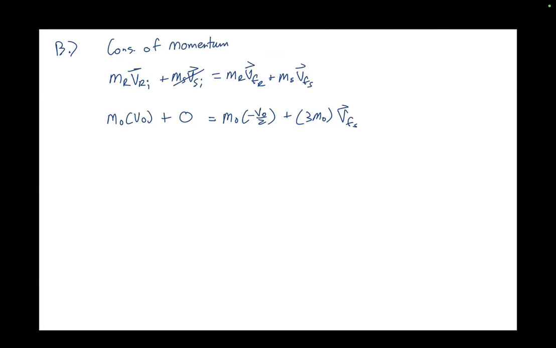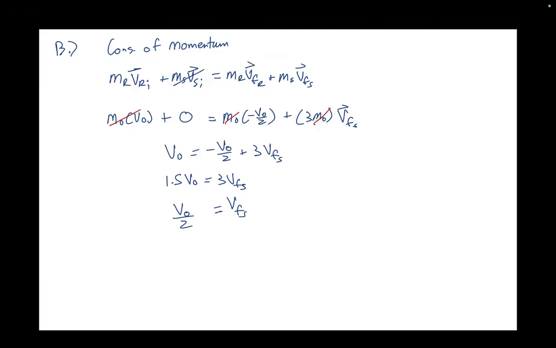So we can cancel out our m naughts. And that gets us v naught is equal to negative v naught over 2 plus 3 vf. So that should give us 1.5 v naught is equal to 3 vf. So that final velocity for disk S should be positive v naught over 2. So it'll be going the same speed, just in the positive x direction instead.